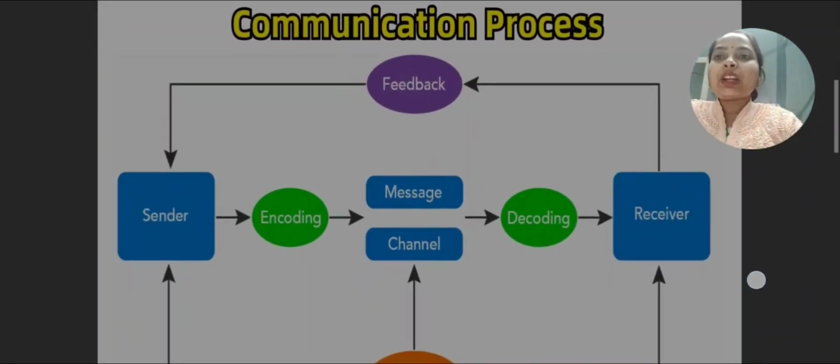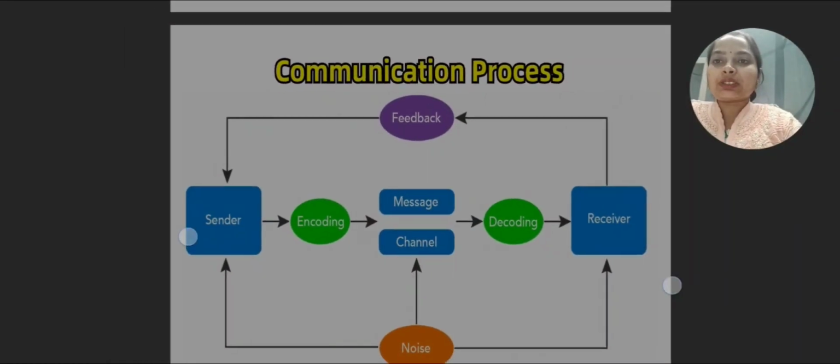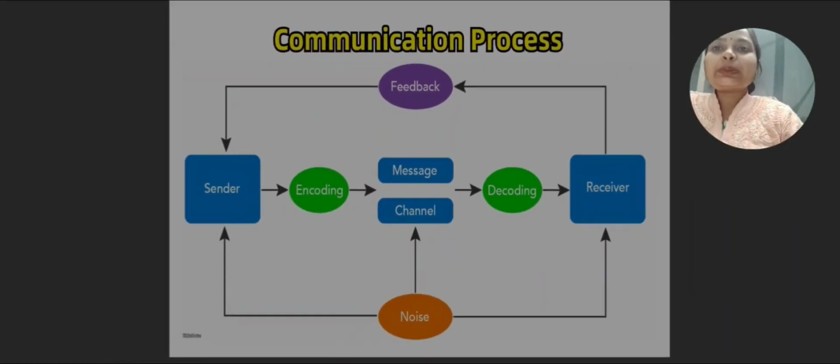So here we will learn about the communication process. In this picture you can see the process of communication. When we want to know the process of communication, first we need to know there are two parties. The first one is the sender and the second one is called the receiver.